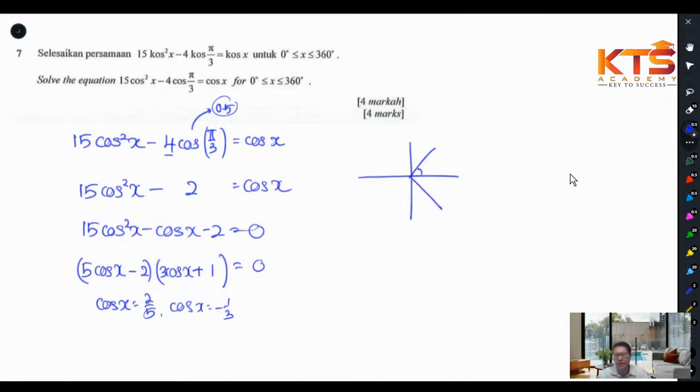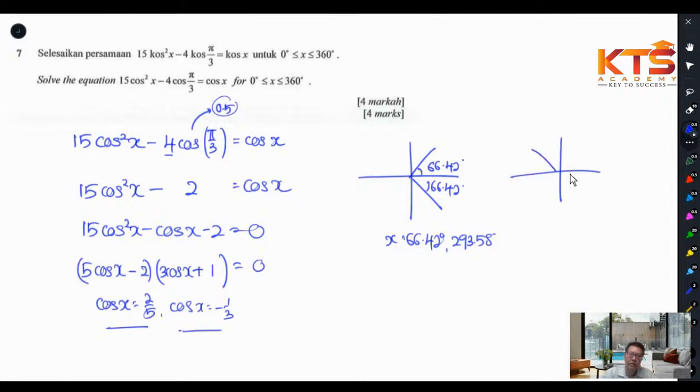What's the acute angle? 2 over 5, shift cos 0.4, 66.42 degrees. So x equals to 66.42, and 360 minus that is 293.58. Okay. Then done.